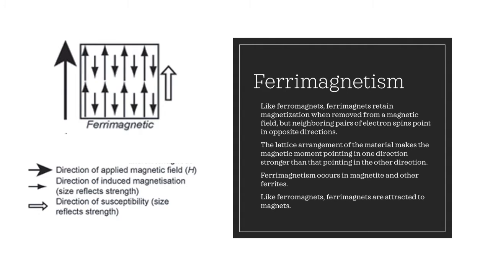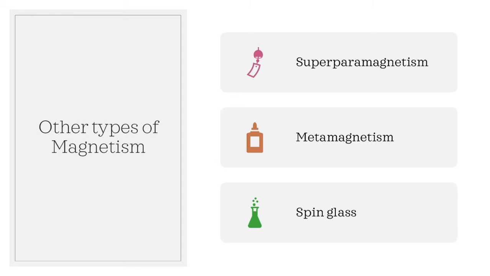Ferrimagnetism occurs in magnetite and other ferrites. Like ferromagnets, ferrimagnets are attracted to magnets. Other types of magnetism are superparamagnetism, metamagnetism, and spin glass.